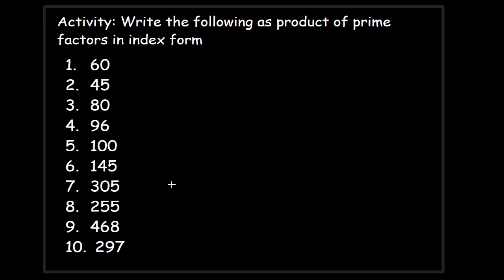You've been taught how to check numbers that 3 can divide. How do you check? Add the digits of that number. If the sum is divisible by 3, that means 3 can divide that number.